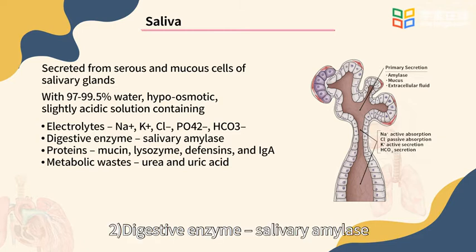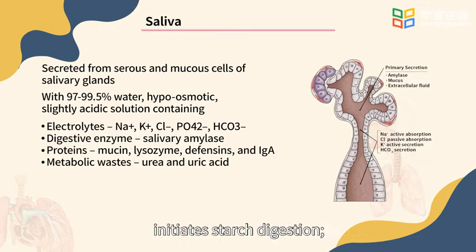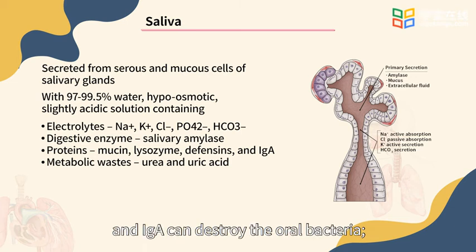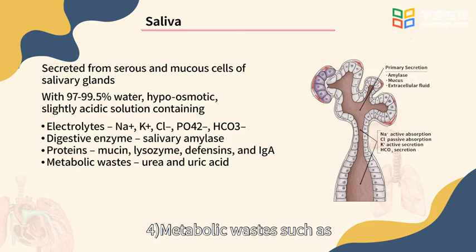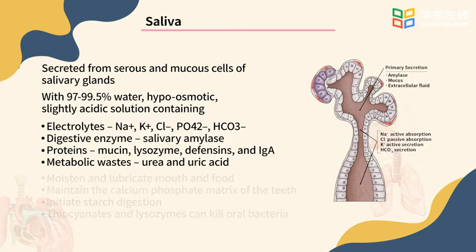Digestive enzymes, for example, salivary amylase, initiate starch digestion in the mouth. Proteins, for example, mucin, lysozyme, defensins, and IgA, can destroy oral bacteria. Metabolic waste, for example, uric acid.